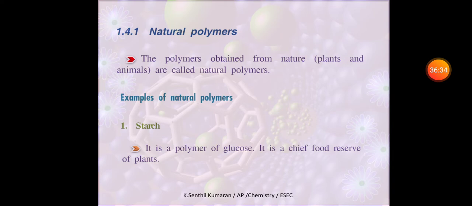The polymers obtained from nature, that means they occur in plants and animals, are called natural polymers. The first example of natural polymers is starch. It is a polymer of glucose. It is the chief food reserve of plants. How do plants prepare the starch? Plants prepare the starch with the help of the photosynthesis reaction.